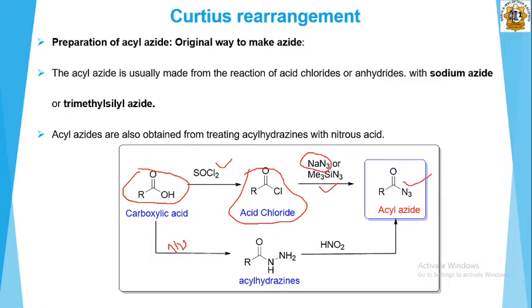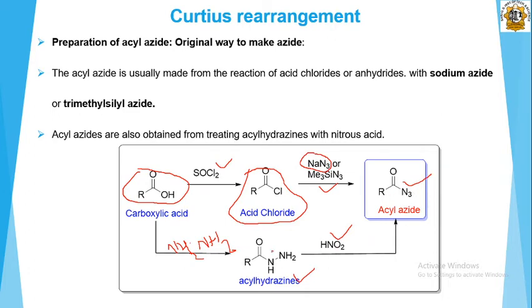Another way to make azide is we treat acids or esters with hydrazine hydrate, NH2-NH2. So hydrazine will react, then we'll get acyl hydrazine, then nitrous acid treatment will give you acyl azide.